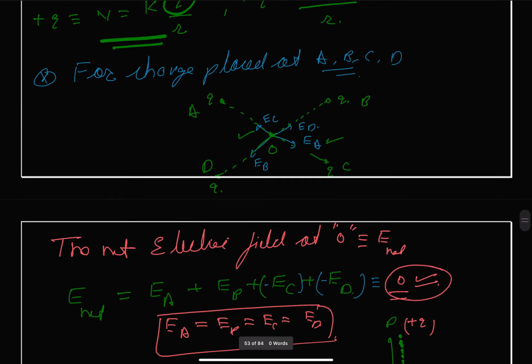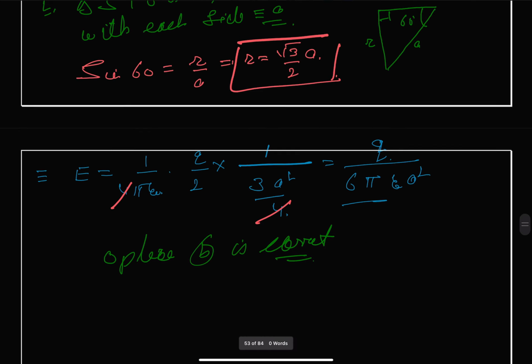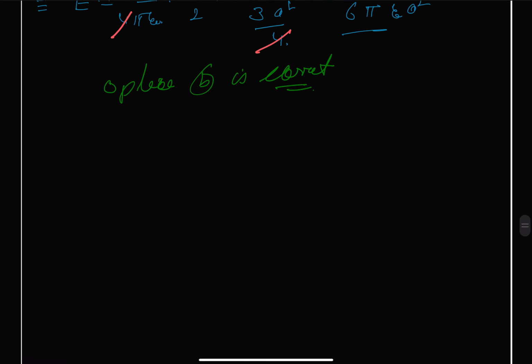So let me draw the figure. This is the center, and this is plus Q, and this is also plus Q, and similarly on the other side plus Q as well as plus Q. So these are A, B, C and D.